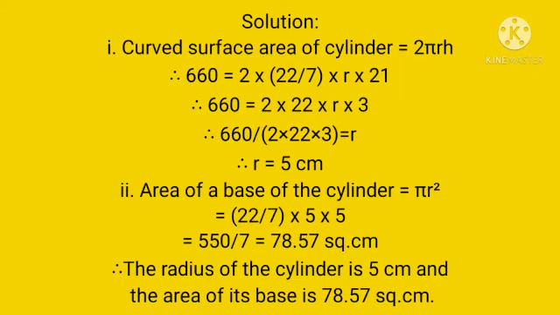Therefore, the radius of the cylinder is 5 centimeter and the area of its base is 78.57 square centimeter.